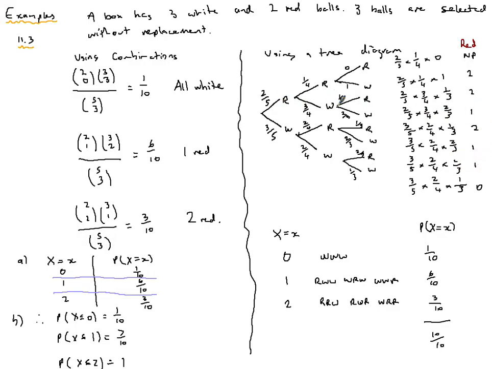As you can see, red, white, white, only 1 red ball. Multiply those probabilities together, add them up, and we would get 6 out of 10. If we're looking at the 2 red ball probabilities, so like this one here, this one here, this one here, and multiplied out the probabilities and added them up, we would get 3 out of 10, and that would give us 10 out of 10 the same way.